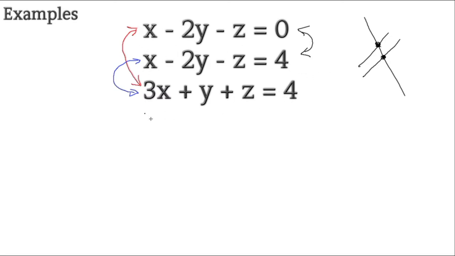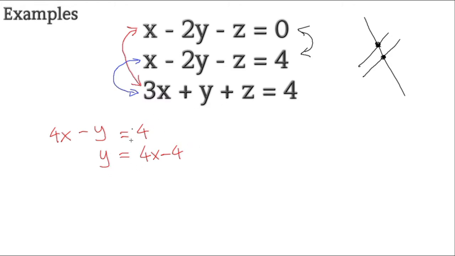If we add the two together, we will get 4x minus y equals 4, and with that we can state that y equals 4x minus 4. That's all good, and now we have a value for the variable y.